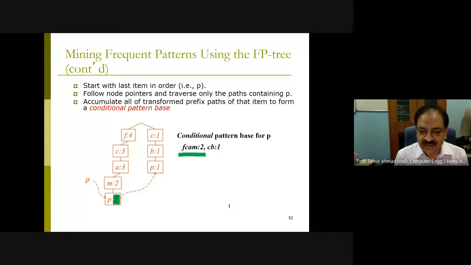Did you get? Any transaction or any itemset which is frequent which has P cannot have a count more than the count of P.